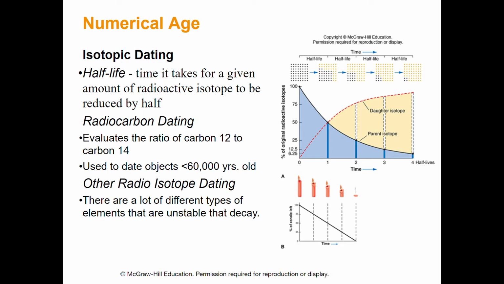Certain ones will just spontaneously pop into these daughter isotopes, but the group as a whole changes over time. And when half of all your little atoms have decayed, we call that the half-life. And that's why you hear about half-life a lot with isotopic dating.